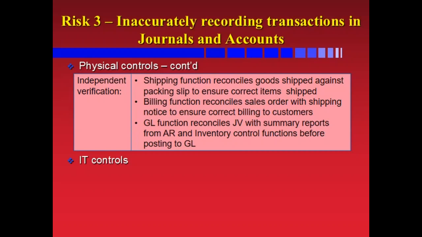For example, the shipping function reconciles goods shipped against the packing slip to ensure correct items are being shipped out, while the billing function reconciles the sales order with the shipping notice to ensure that correct billing is sent to customers. The GL function, on the other hand, reconciles journal vouchers with summary reports from the AR and inventory control functions before these transactions are posted to the GL.